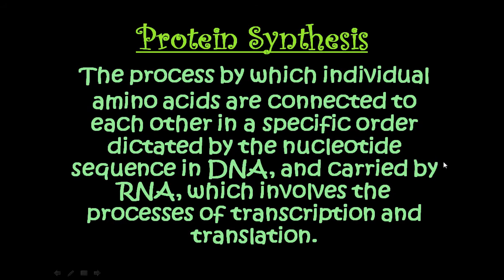Protein synthesis can be described as a process by which individual amino acids are connected to each other in a specific order. This specific order makes up specific proteins. They are carried by RNA and involve the process of transcription and translation. So in summary, protein synthesis can be broken down into two main steps. The first step is called transcription.